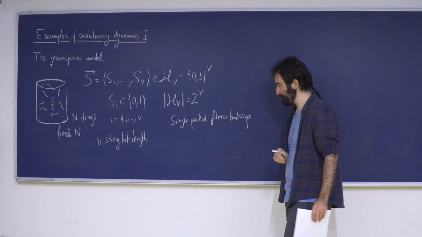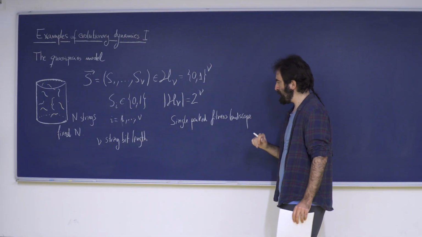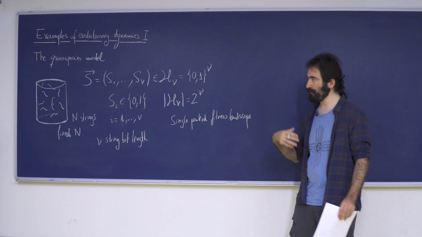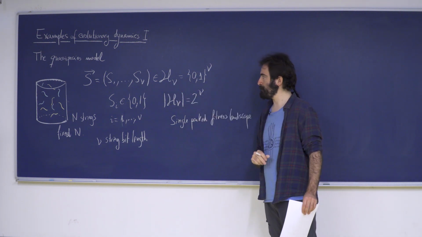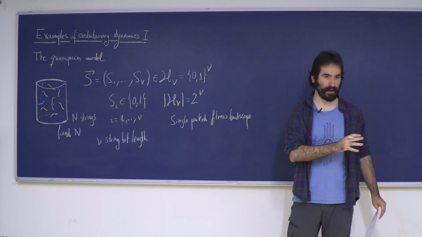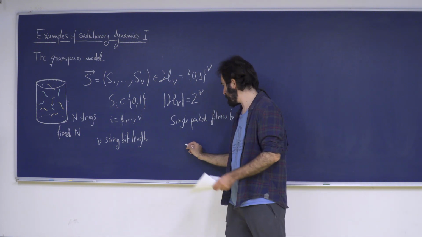Okay, so how do we do that? Well, in this case, this fitness landscape is going to be introduced as a function that picks elements of this set and maps them into the reals.